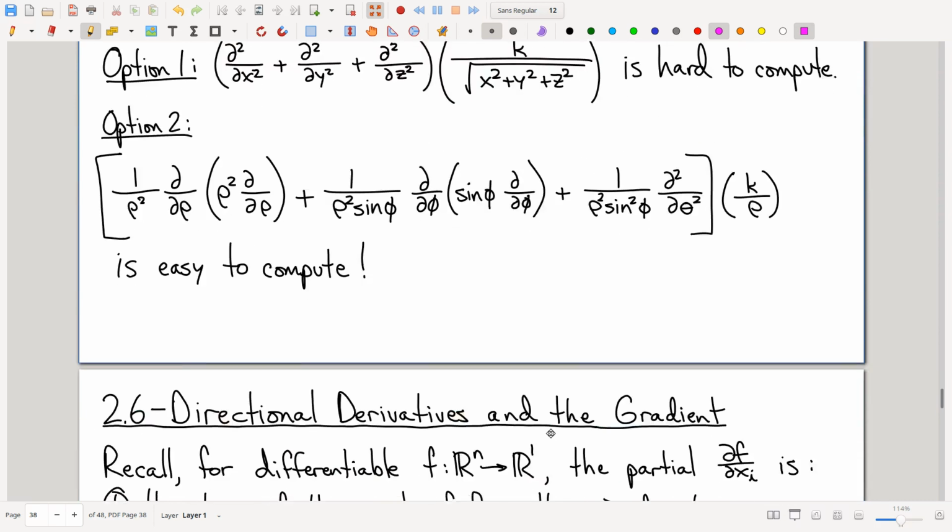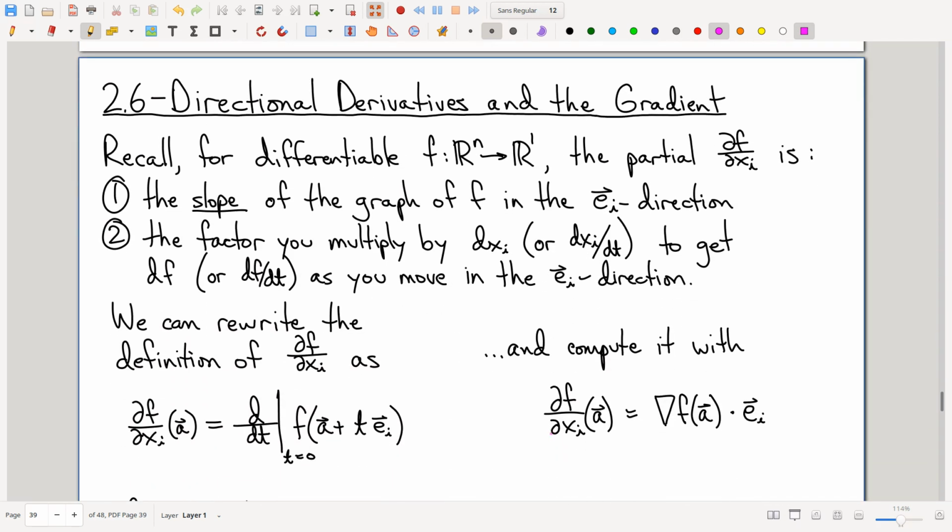Okay, so moving along. We're going to talk about partial derivatives again. We're going to work up to a new idea called directional derivatives, but for the moment, we're going to start off talking about partial derivatives. Here are the various things we know about partial derivatives already.